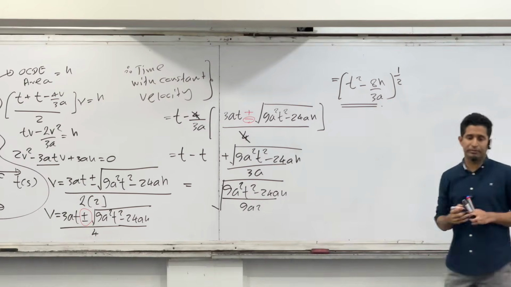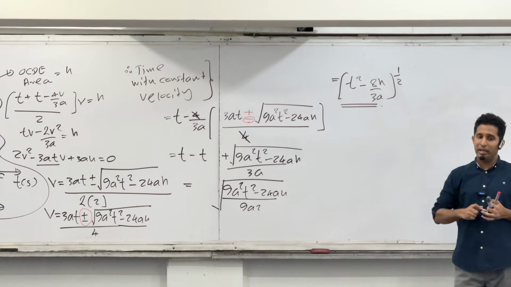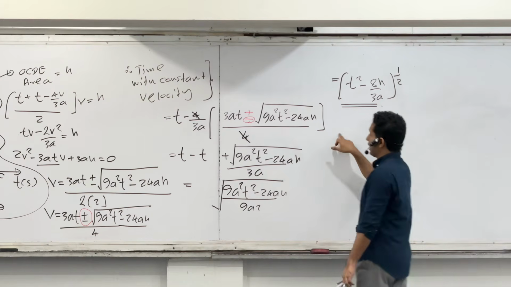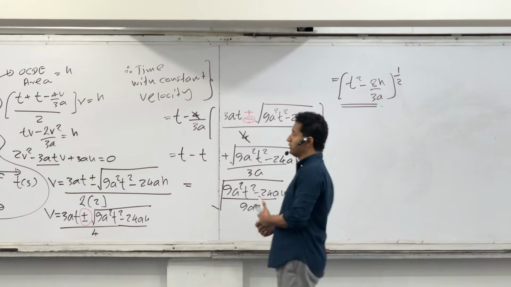This is how it happens, understood? Then finally they again ask for the time with retardation. The time with retardation is v divided by 3a.